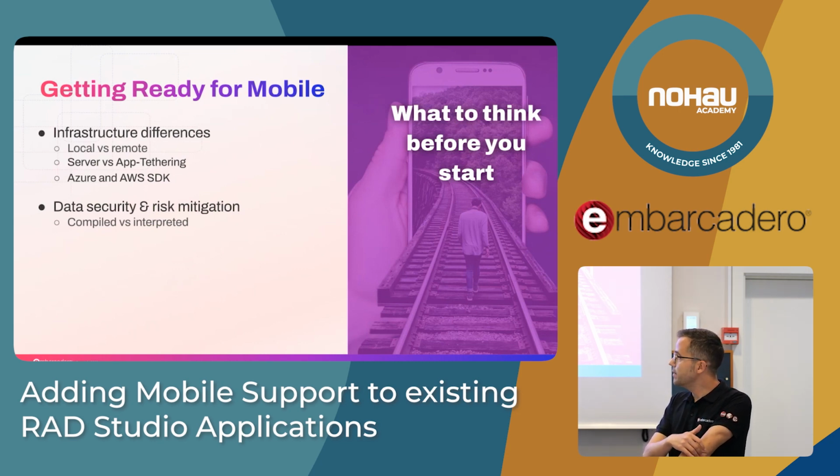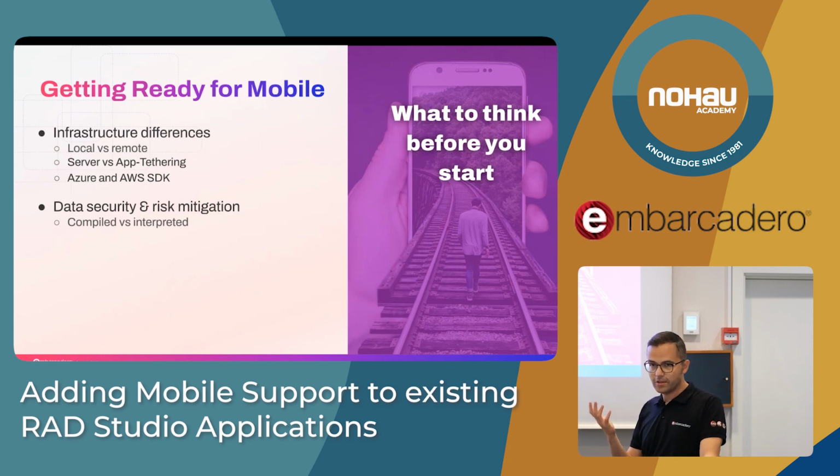There are some data security and risk mitigations that are important to take into consideration as well. Remember that all the FireMonkey applications are natively compiled, so we have a binary that we're deploying to our customer base. If you create a website or you use other solutions that create a built-in web view inside the application, like Cordova or Zapier, if you used it in the past, you're providing the code with your application.